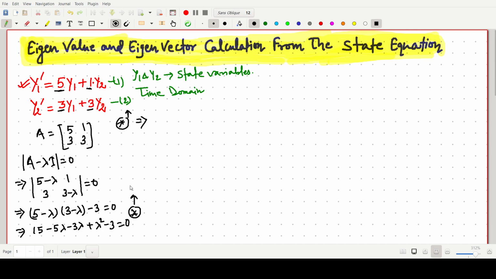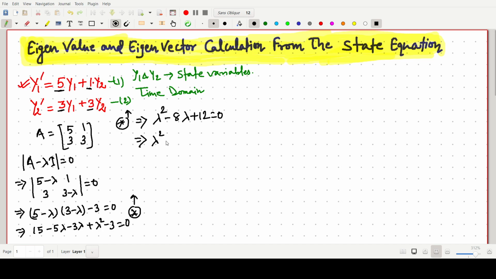So we can write this as lambda square, then 5 and 3, so minus 8 lambda, then 15 minus 3, that is 12, equals 0. This is a quadratic equation.